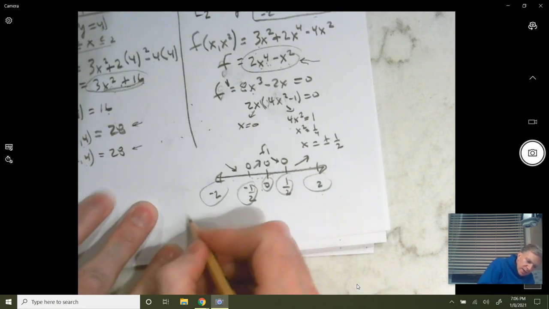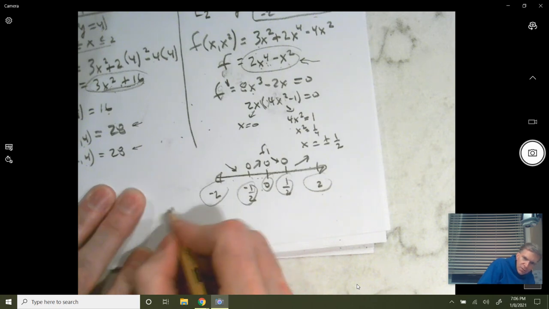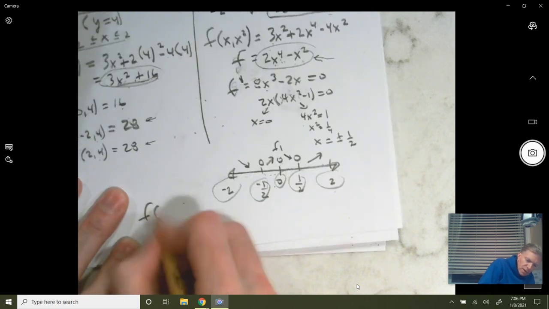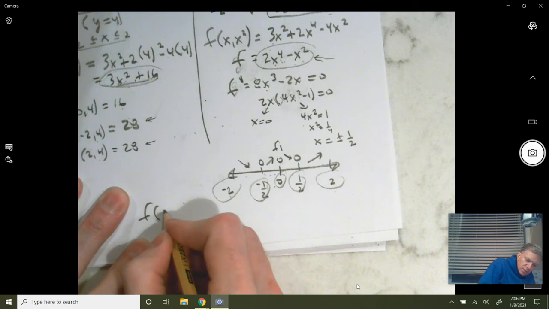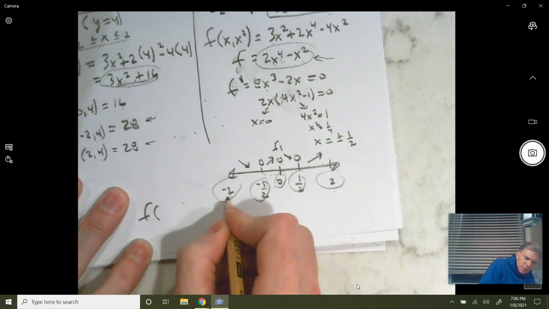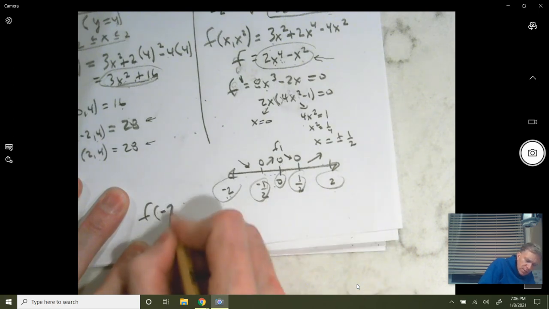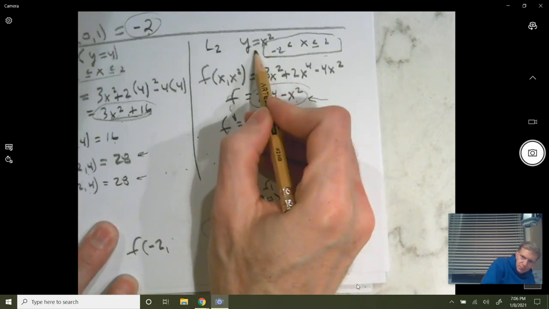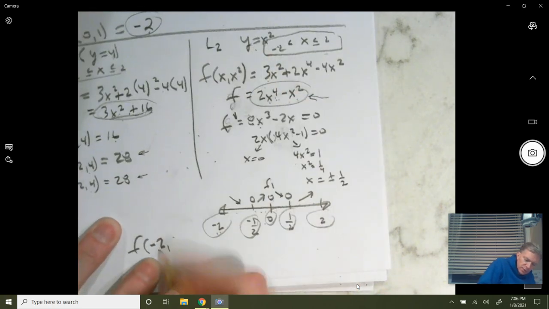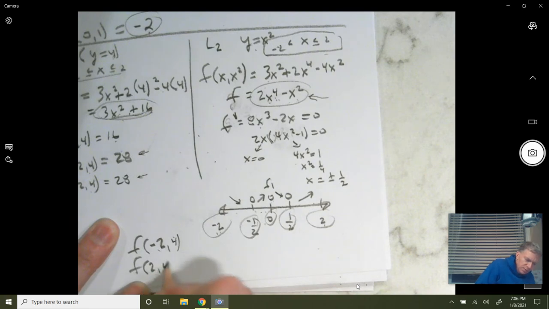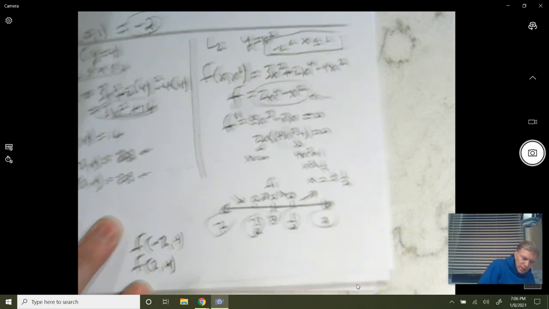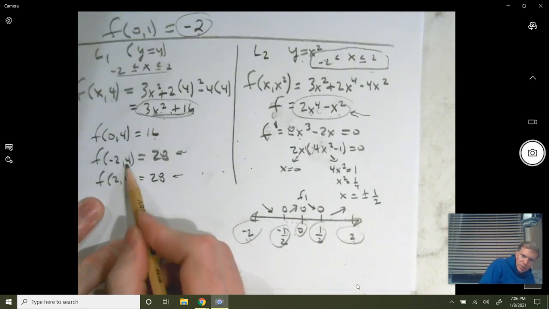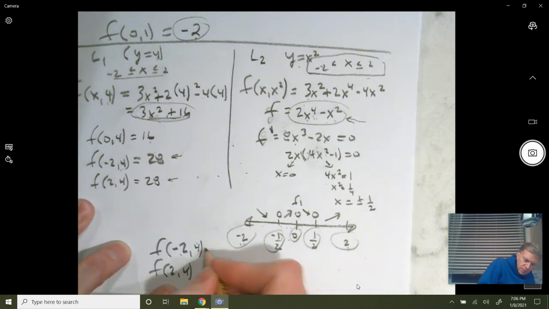So we want to find f of, we've got a lot of them. We already tested the endpoints, right? No, we didn't. f of -2, comma, and remember y is x squared, so if x is -2, y is 4. We are also going to have this endpoint, f of 2 comma 4. Actually, we do already have those. This point occurred here because that was also on the line.